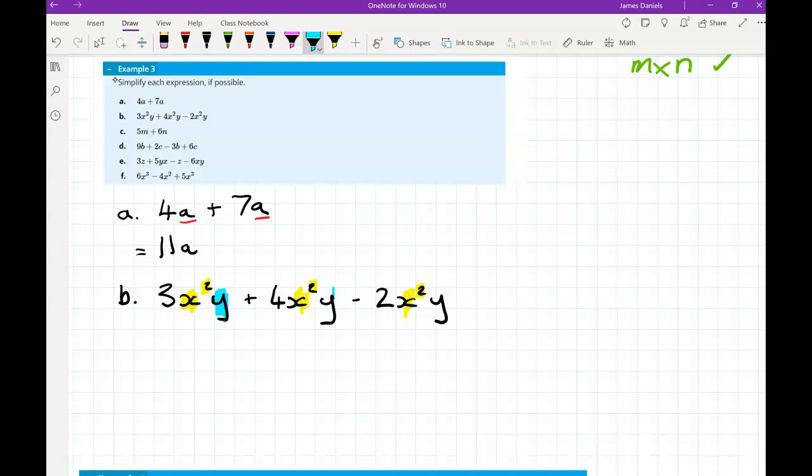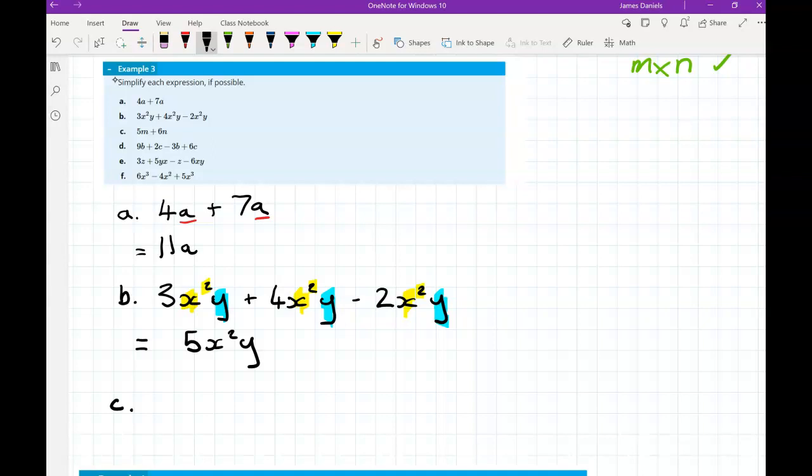This has a y, this one has a y, and that one has a y. Wonderful, they are all like terms. So we can add these all together. If I have 3 of them plus 4 of them, that gives me 7, minus 2. I'm left with 5x squared y. So 3x squared y's plus 4x squared y's made 7x squared y's, minus 2x squared y's.